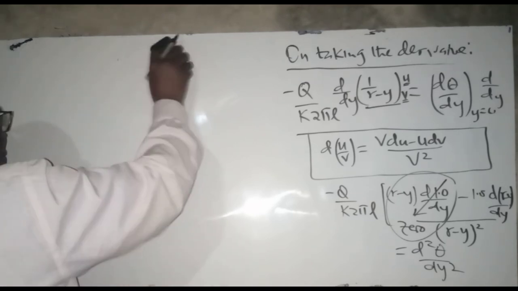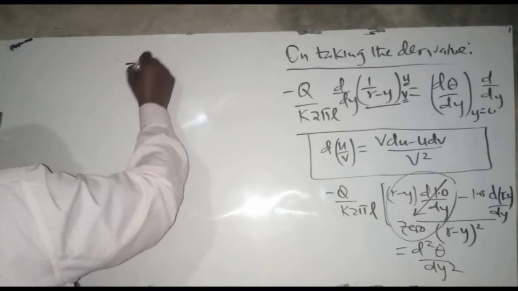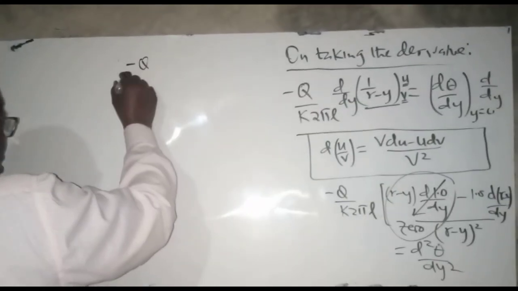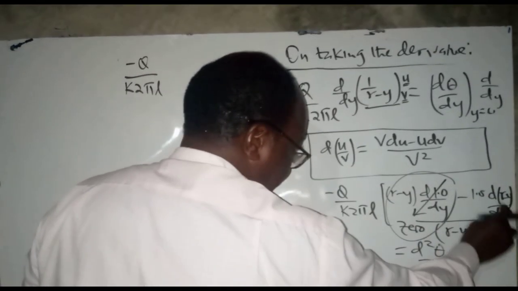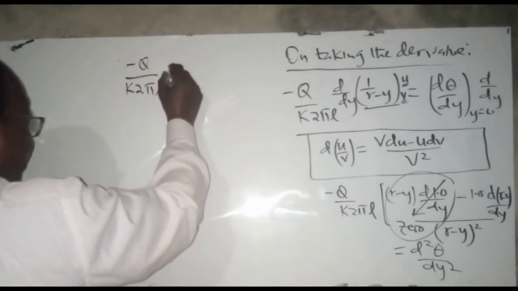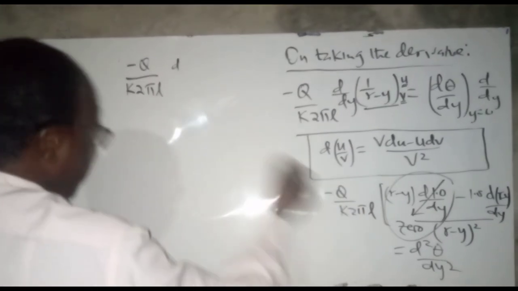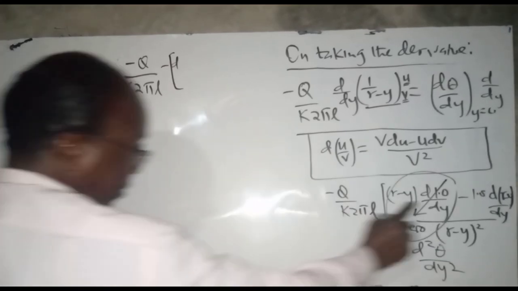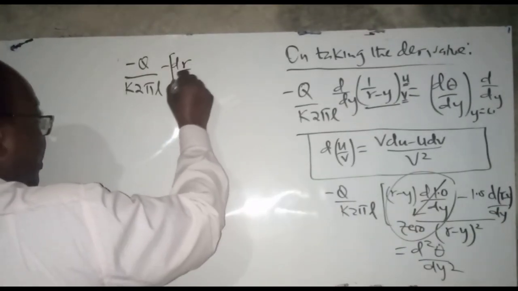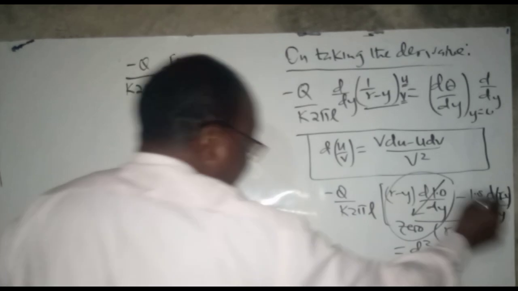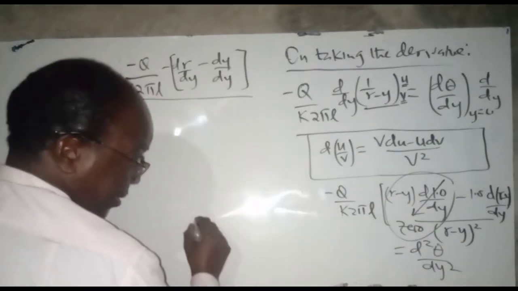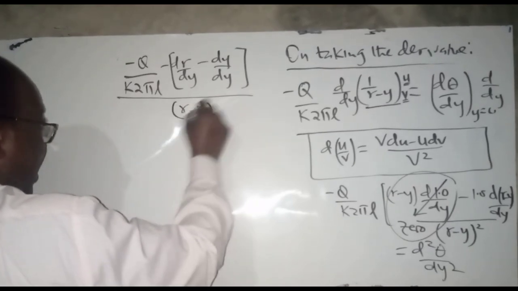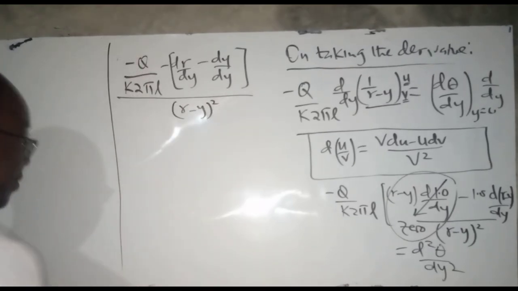So we have minus q over k 2 pi l. We now have the derivative: minus the derivative of dr dy minus the derivative of dy, divided by (r minus y) squared.